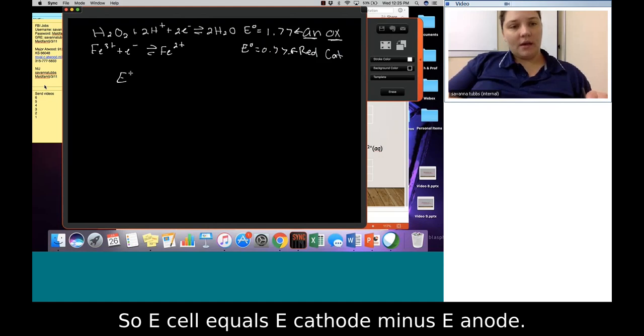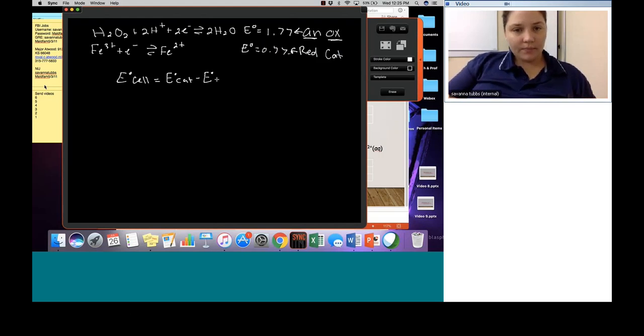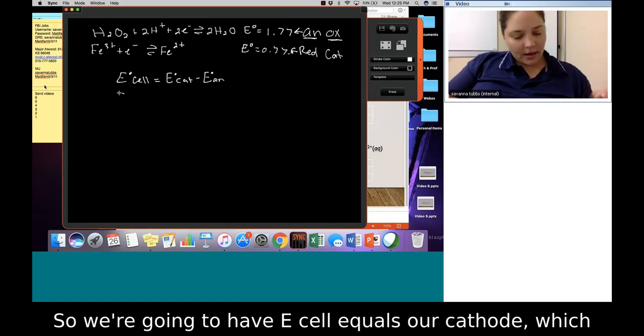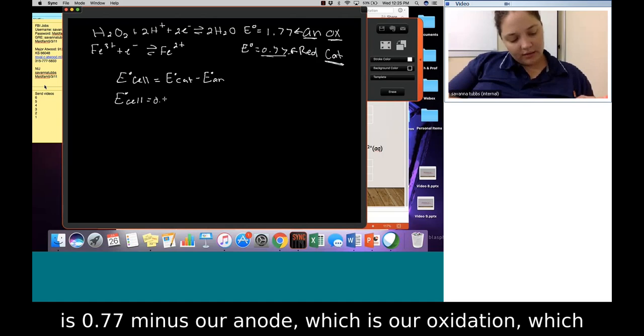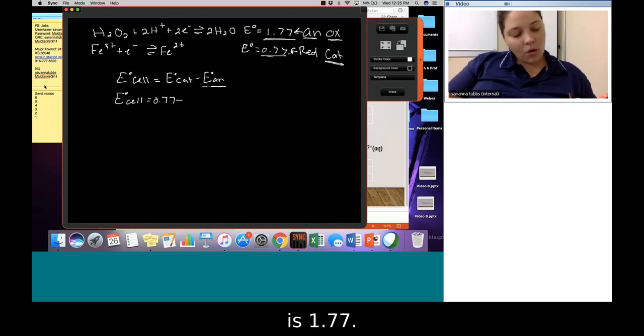So E cell equals E cathode minus E anode. So we're going to have E cell equals our cathode, which is 0.77, minus our anode, which is our oxidation, which is 1.77.